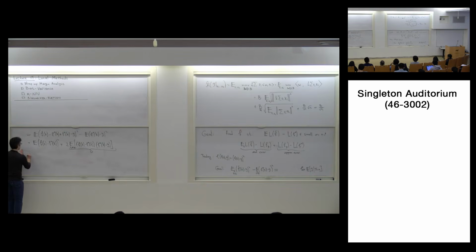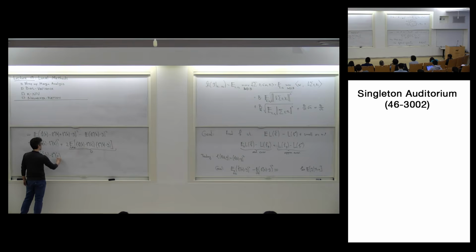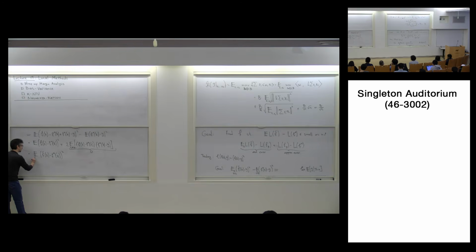Right. So this is equal to the expectation of f hat of x minus f star of x squared, where now there is no y variable. The expectation is over the data set, which of course has the x's and the y's, and the x. Okay? Now, I can write this in a maybe simpler way to understand.